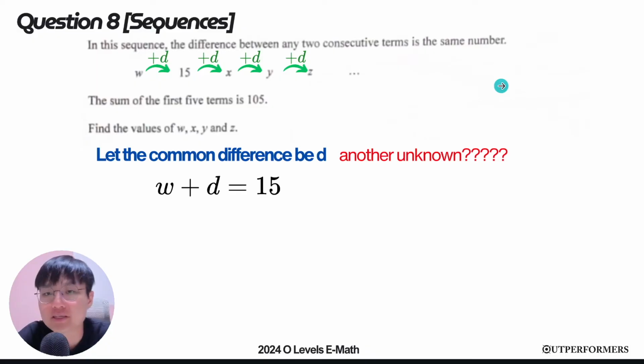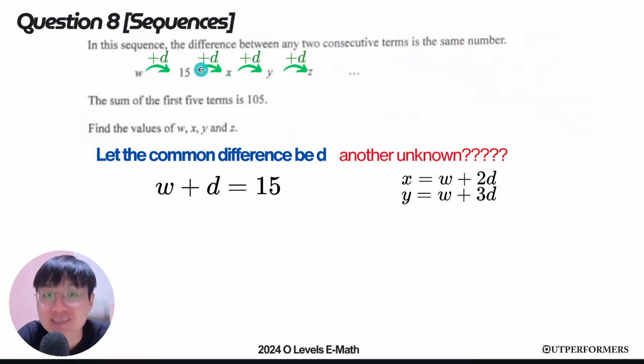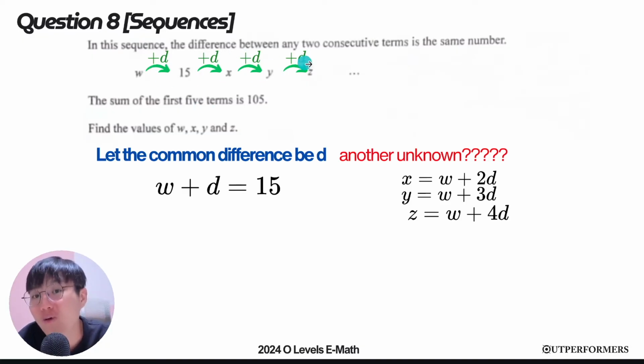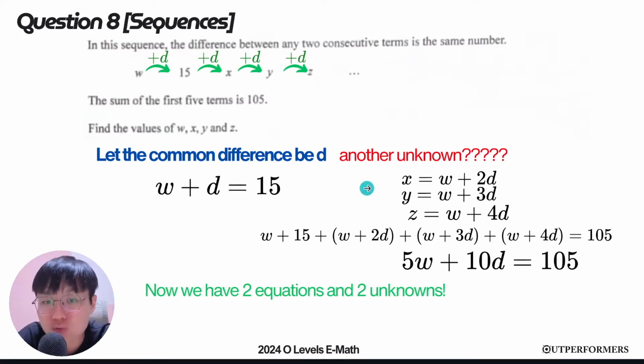Because of this, I can also create x, y, z in the same form. x will be equal to w plus 2d. y will be w plus 3d. And z equals w plus 4d. So what do you realize now? We will be able to change each term and add all of them up to get 105 here. And because of that, we created two equations with two unknowns.